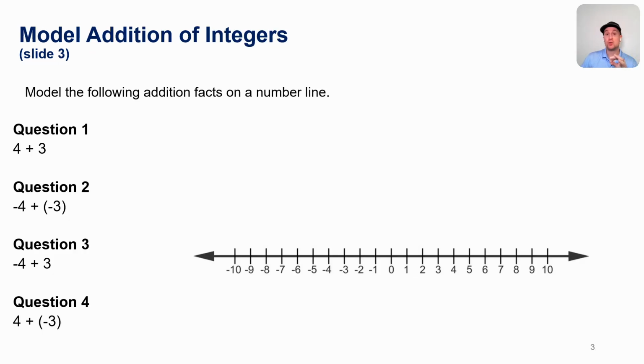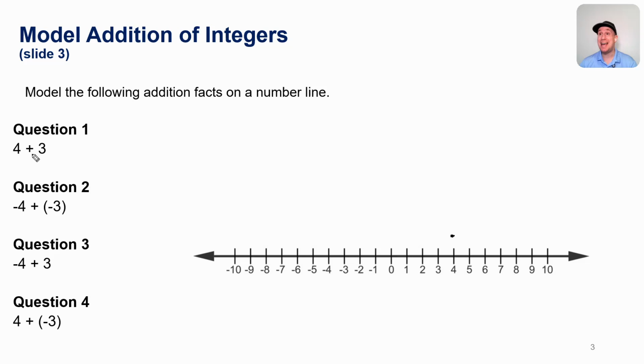Let's apply those rules to the following sets of questions, and let's model those rules on a number line. So starting with question number one, we have positive 4 plus 3. Again, I like to think of it in terms of money. So let's say you start with positive $4, and then you are given, or you add $3 more to your overall bank account, right?